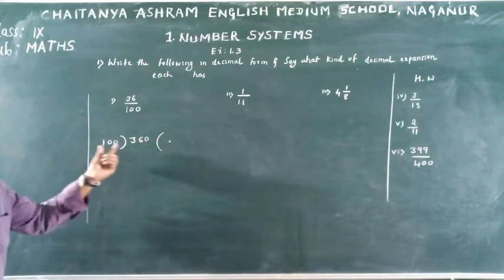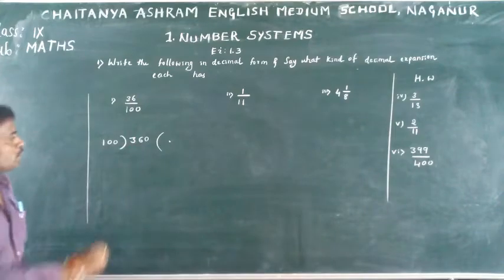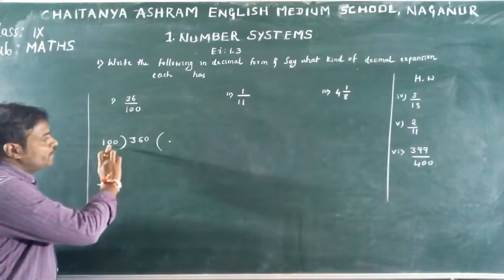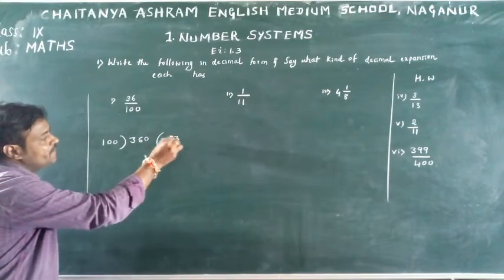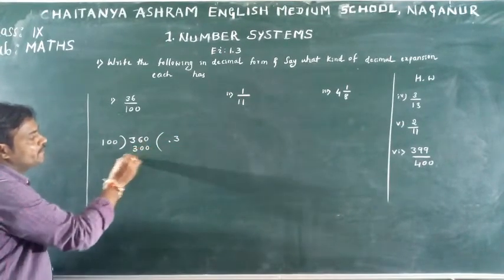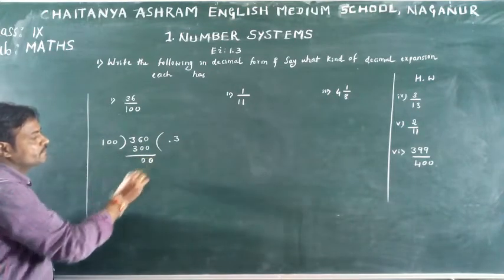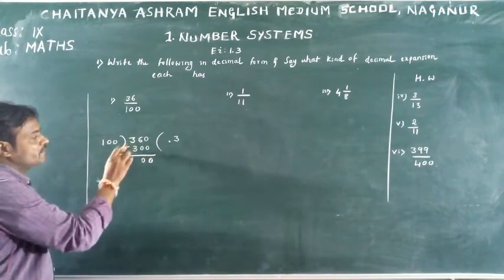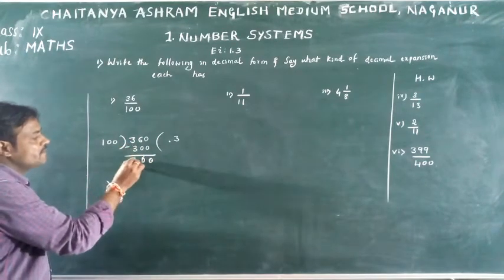Now it is greater than 100, 360. So near to 360 in the 100 table is 300. 100 3 ja 300. So 6 minus 0 is 6, not 0. 3 minus 3 is 0.